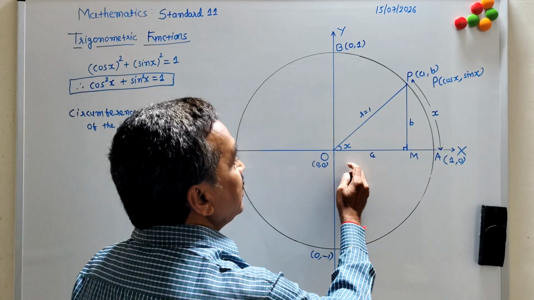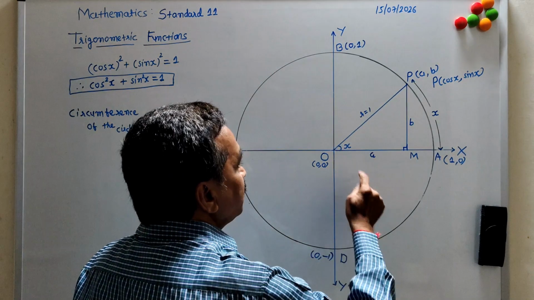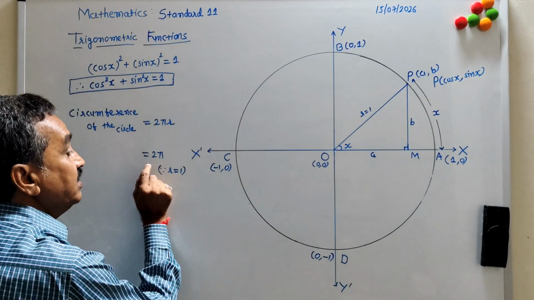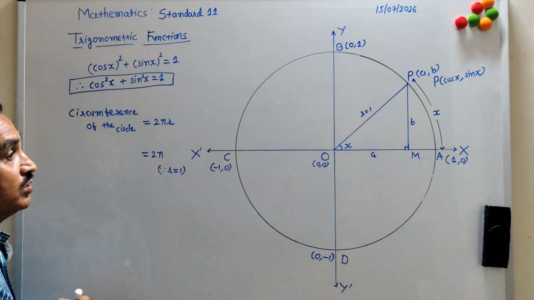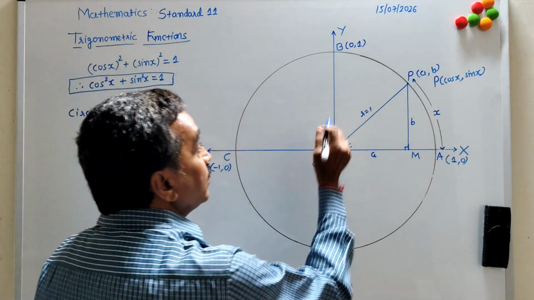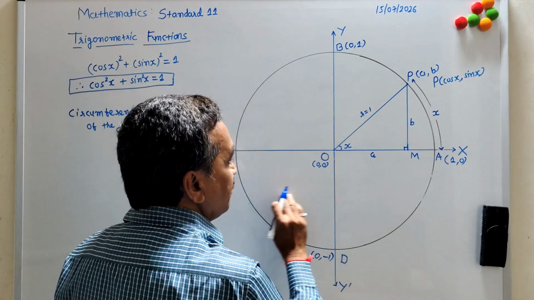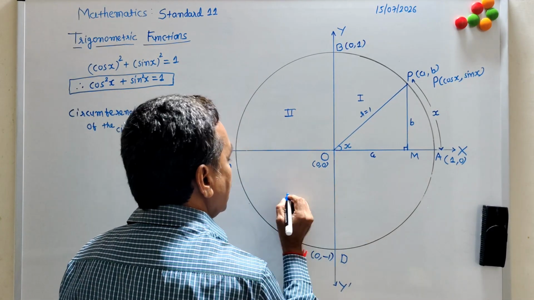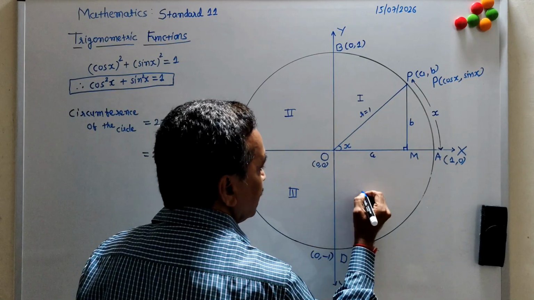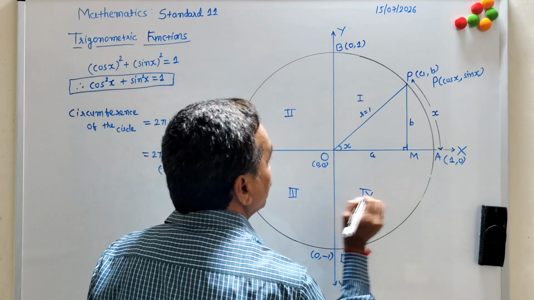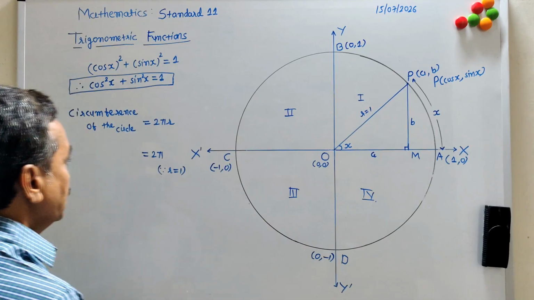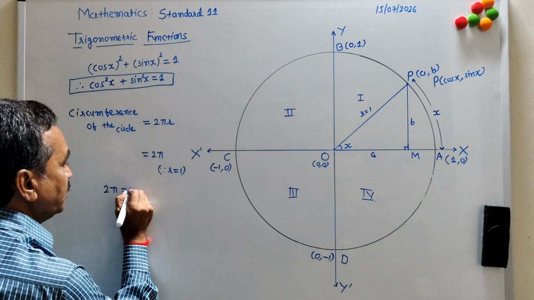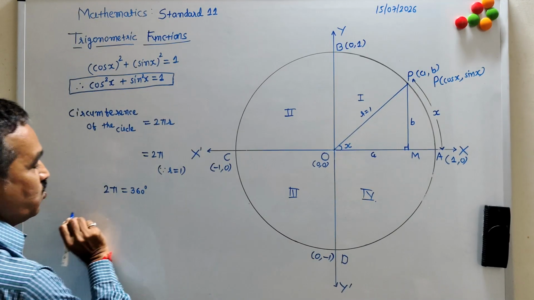So one complete revolution subtended at the center is 2 pi. This makes 4 quadrants: quadrant first, quadrant second, quadrant third, and quadrant fourth. So 2 pi is equal to 360 degree.